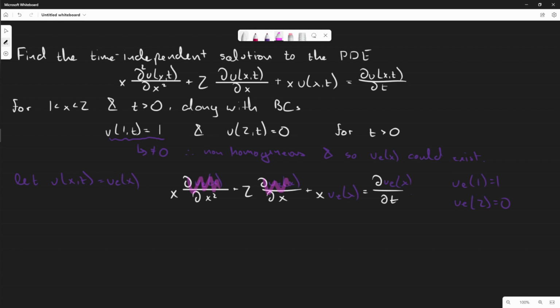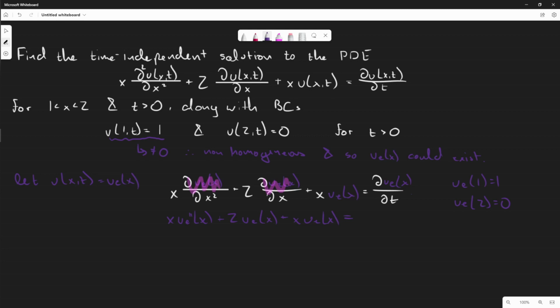and so we can just simplify this as x times u_E double prime of x plus 2 u_E prime of x plus x u_E of x. And then on the right side, it's the same thing.